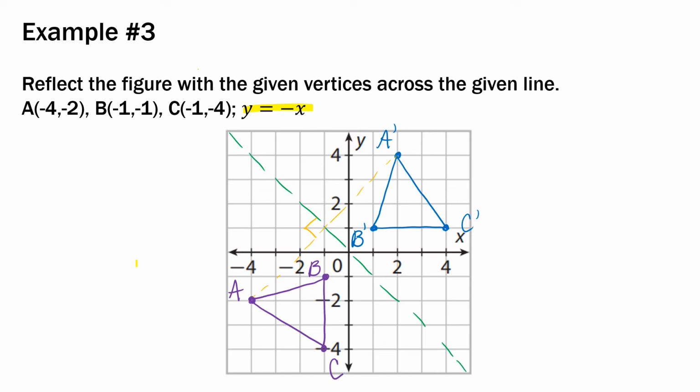So if I look at this, to go from my green line, my line of reflection, to A, I have to go down 3 and to the left 3. So now to reflect across it, I'm going to do the opposites. I'm going to go up 3 and to the right 3. And I can do that with every point.